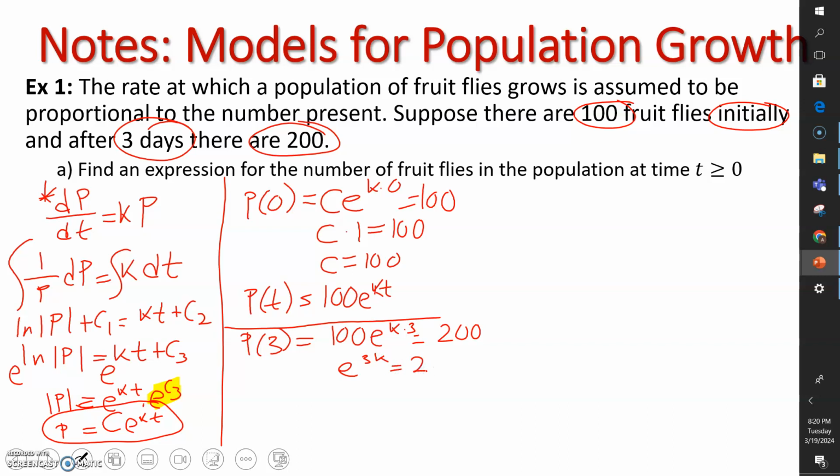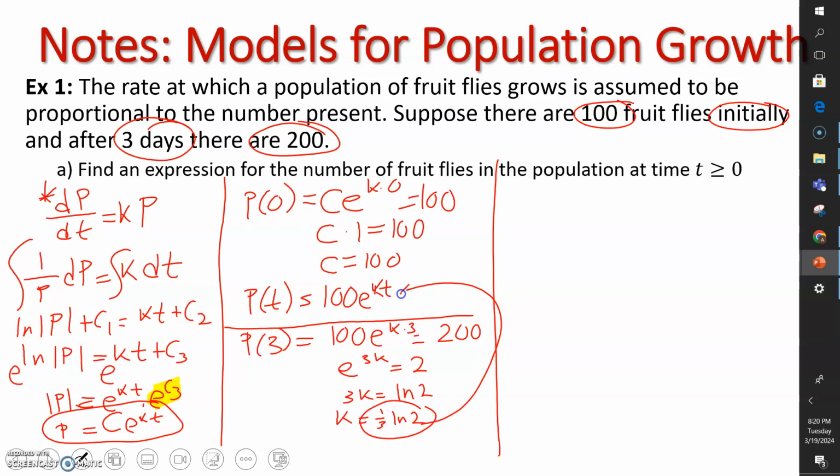We'll take the natural log of both sides, so we're left with 3k is ln of 2, and then let's divide both sides by 3. So we get k is equal to 1/3 ln of 2. Now we're going to take that information and plug it back in to the original equation for k. So we're left with P of t is equal to 100 e to the 1/3 ln of 2 times t.